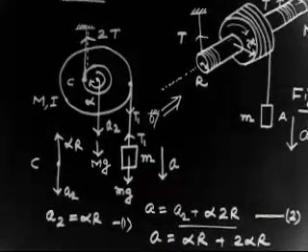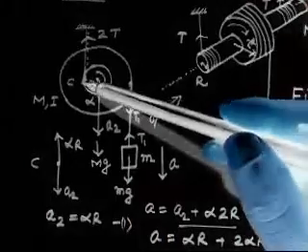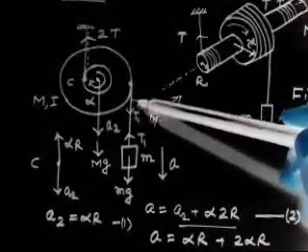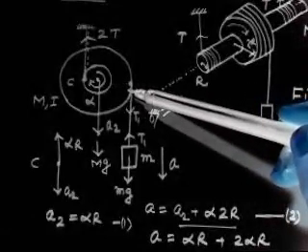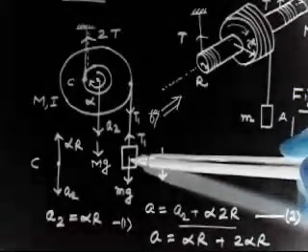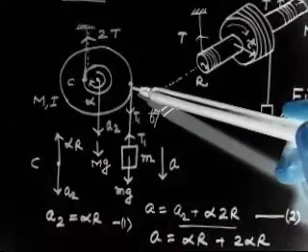To find out the acceleration relationship, I am using two conditions. First I am considering this point, and again I am considering this point. So this point, I can consider is a part of this thread as well as a part of this disc, the pulley. So this point will have same acceleration as that of this block. So this point will have acceleration of alpha r.